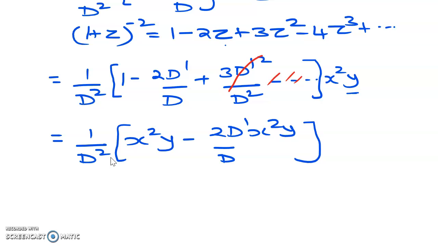Now this term, there is no problem: 1 by D squared of x squared y.